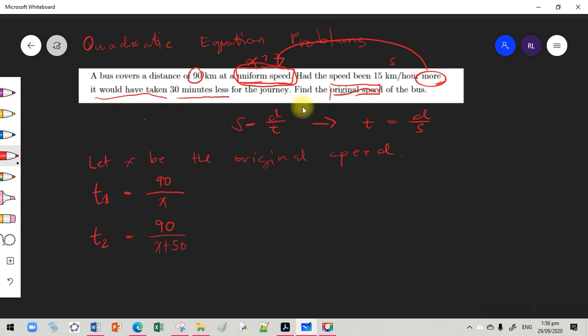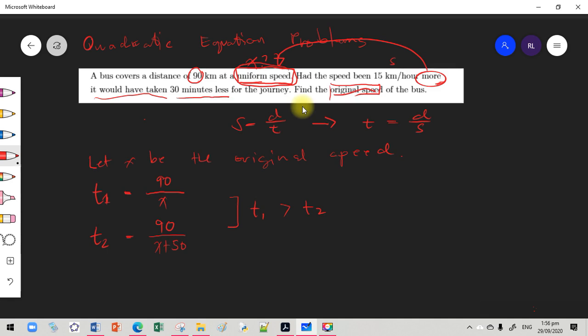So t sub 1, the time one, should be greater than t sub 2. Why? Because you have 90 divided by x, and here you have 90 divided by 15 plus that x. Of course, 90 divided by 15 plus that something will become a lesser number.